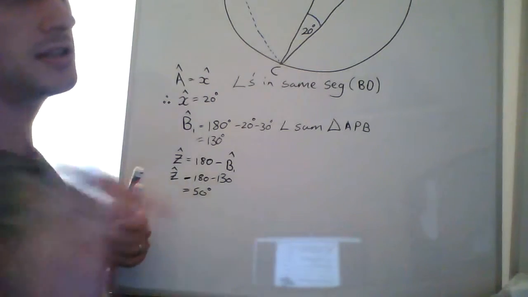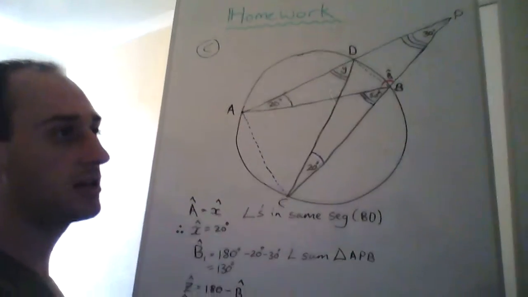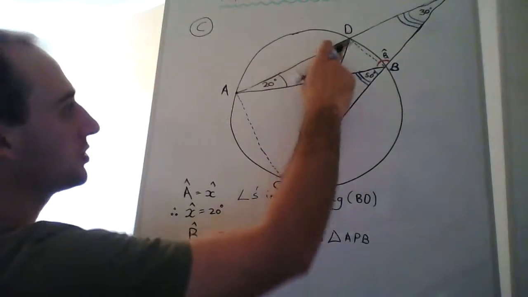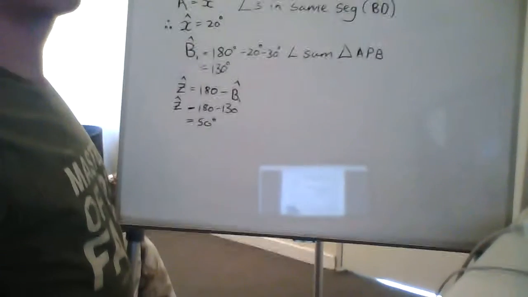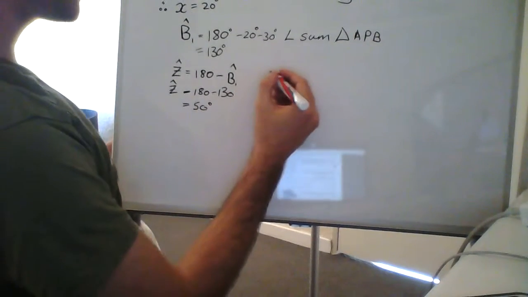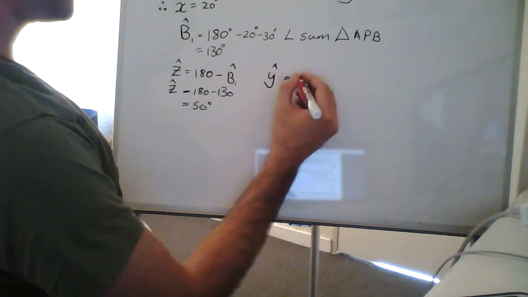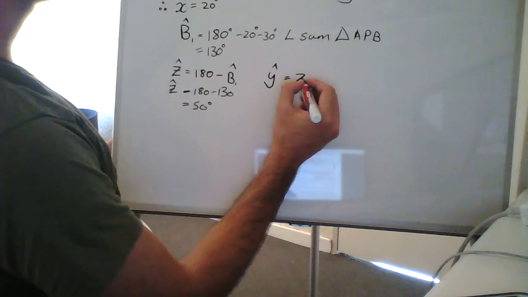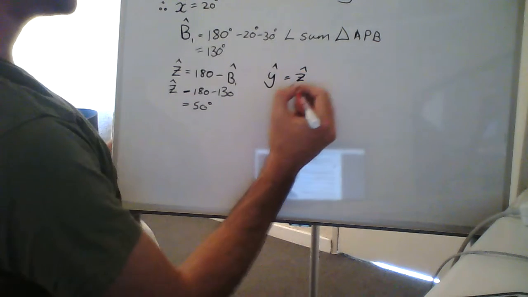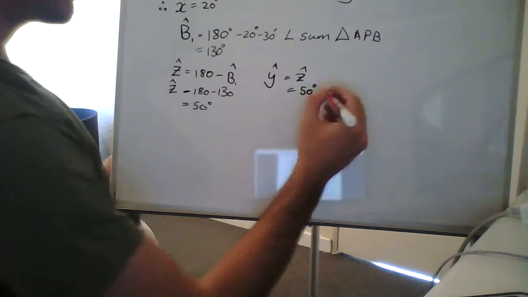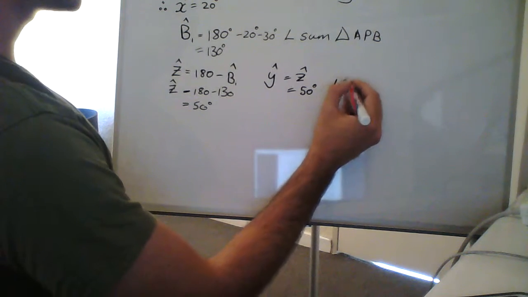And, well, it just falls straight out from there, but now our last unknown, Y, we can easily get, because we have angles in the same segment. From this, now I can say angle Y equals angle Z, which was 50 degrees, so it equals 50 degrees, and this is once again angles in the same segment.